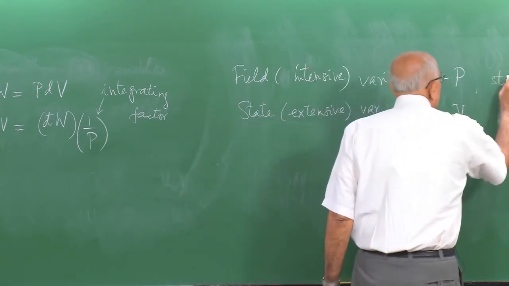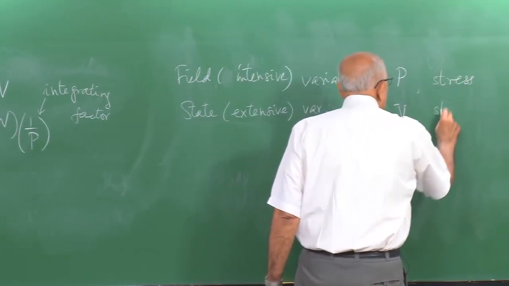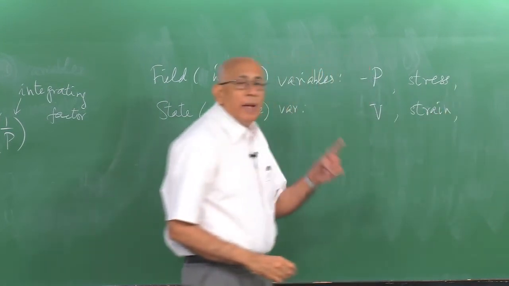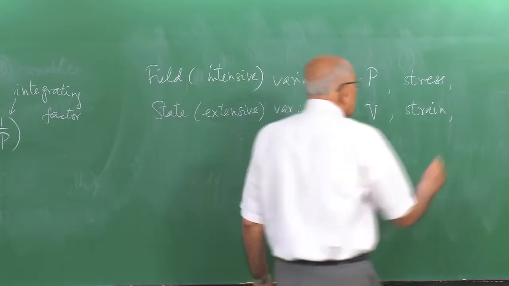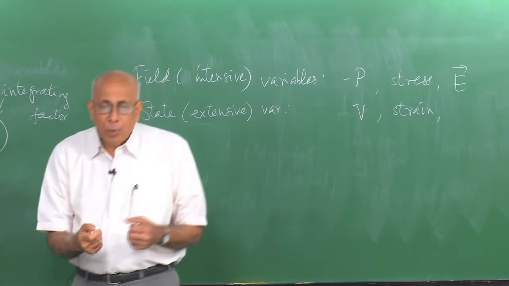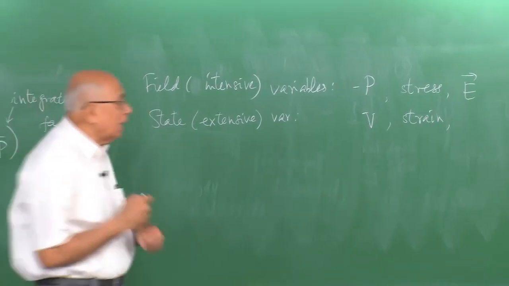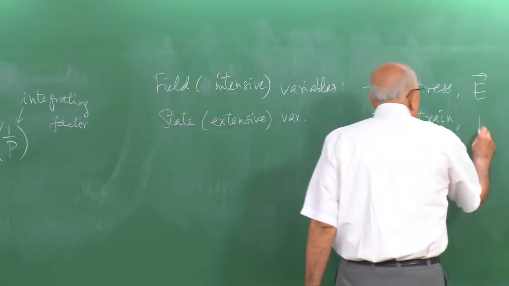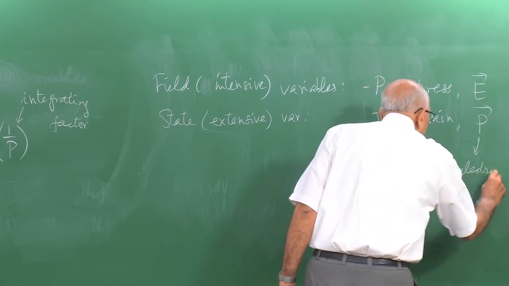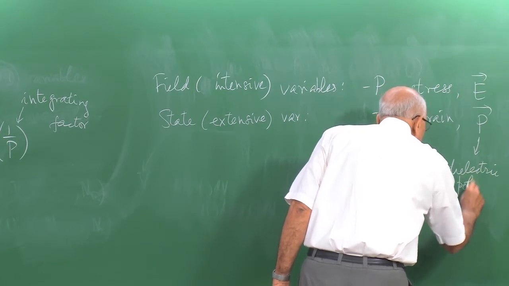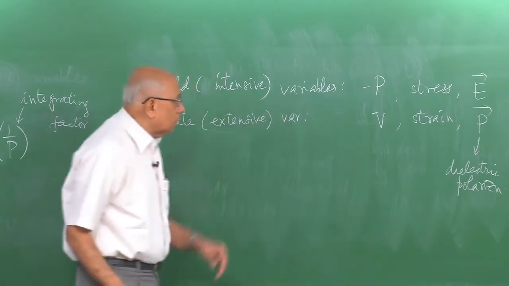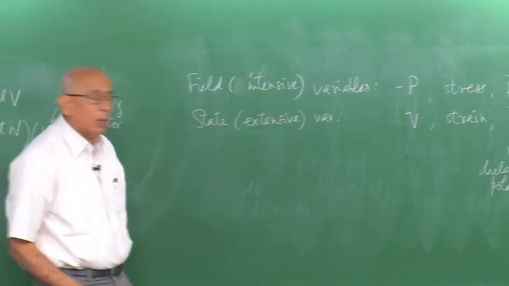In general, stress and strain out here. You could apply an electric field to a dielectric. So, that is a field variable E, and then the dielectric would respond by getting polarized. So, the dielectric polarization P is a state variable as a response.